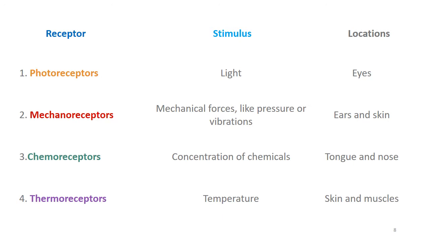Mechanical forces, like pressure or vibrations, is the stimulus, and they're located in the ears and skin. Number 3, chemoreceptors: the stimulus is the concentration of chemicals, and they're located in the tongue and nose. And number 4, thermoreceptors have the stimulus of temperature or heat and are located in the skin and muscles.